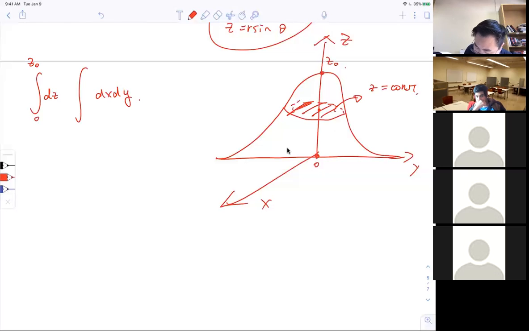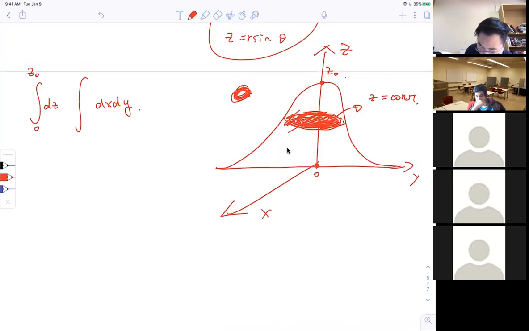You find the expression for this disk, or in general it's not a disk, it's a two-dimensional region, for example x squared plus y squared.